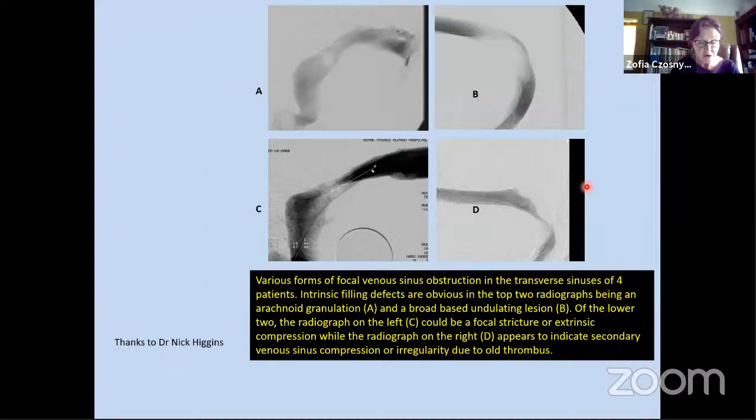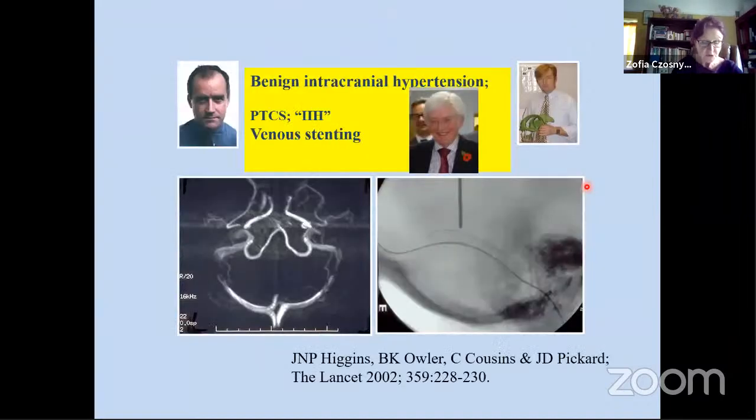In turn, collapse of the venous outflow will produce a fast rise of ICP. Such a collapse would happen at the most distal part of the transverse sinus, where the gradient of ICP and sinus pressure is greatest. Dr. Nick Higgins, Professor John Pickard, and Brian Owler have pioneered transverse venous stenting surgery to prevent collapsing sinus and subsequent rise in ICP.